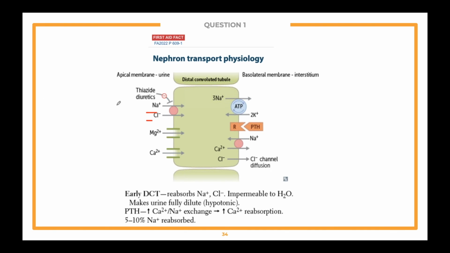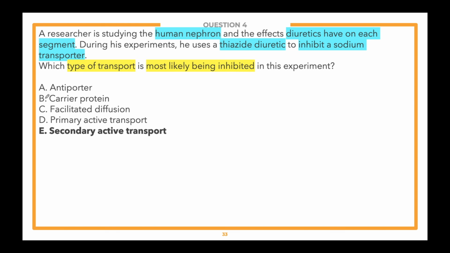If we take a look at the other answer choices, primary active transport is something that uses ATP directly to power movement of something. In this case, that's not the sodium chloride transporter. That's actually the sodium-potassium ATPase. Facilitated diffusion is something where you have a diffusion gradient, and as a result, it can just diffuse across a membrane, for example.